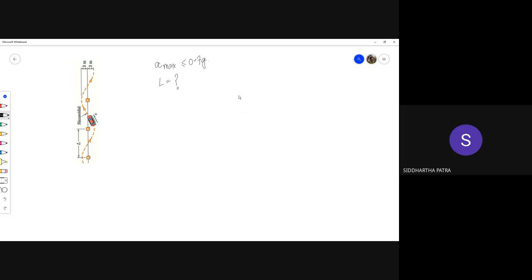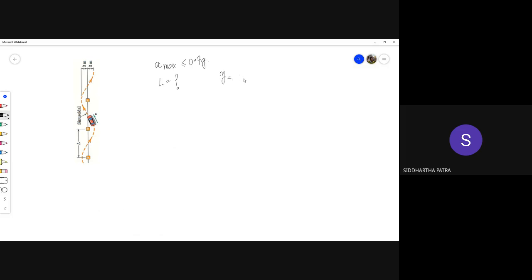So I can write the equation of the path. So it seems like this is the equation of the path.